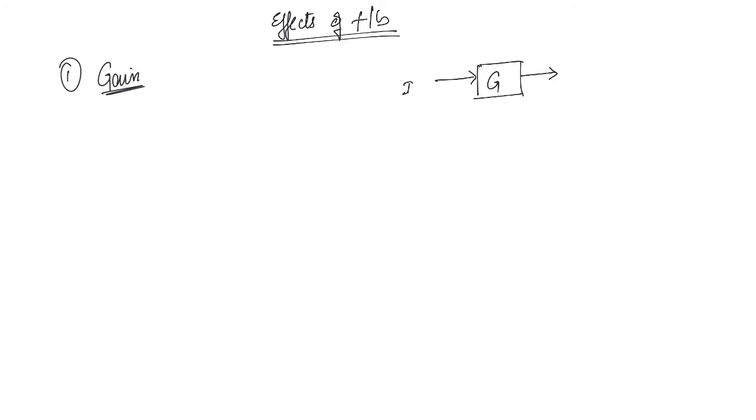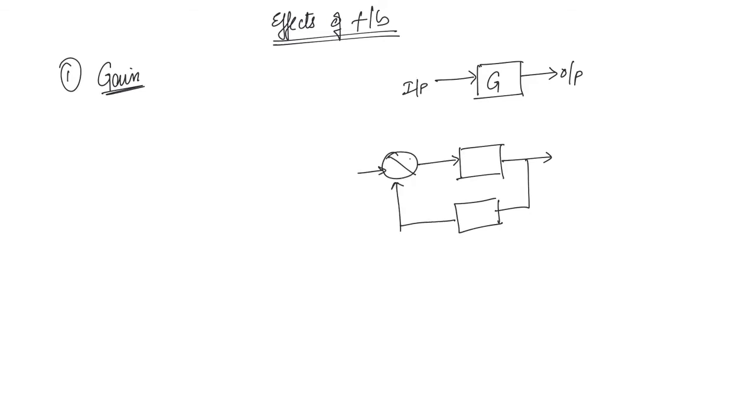That is, if for a system you are including feedback, then what will be the effect on some parameters. The first parameter that we are going to discuss is gain. Now if you consider an open loop system, it will simply have one forward path. So this is G, this is the input and output. For a closed loop system, you will have a forward path and a feedback path, so this is G and H, input will be here, output will be here.